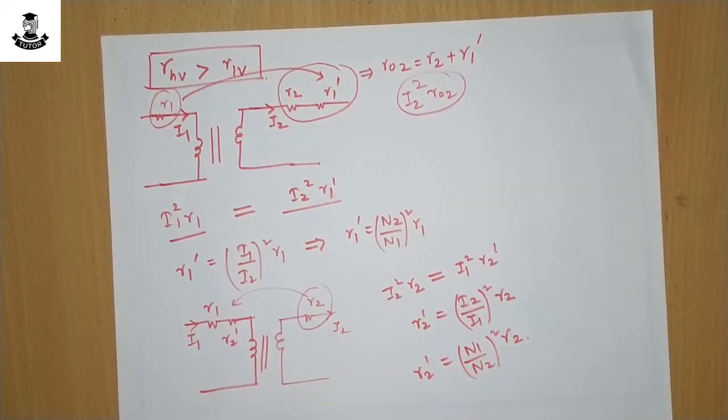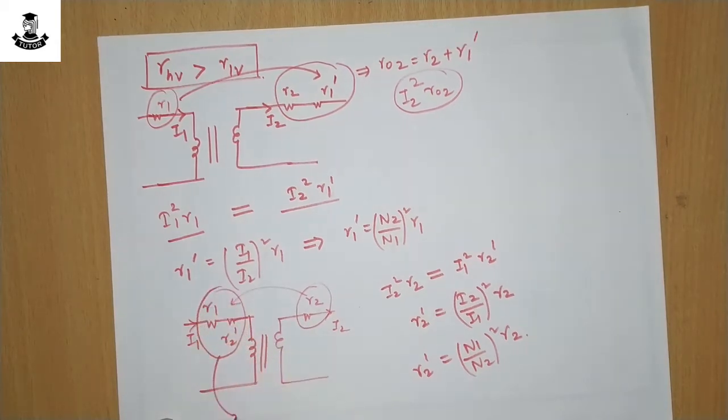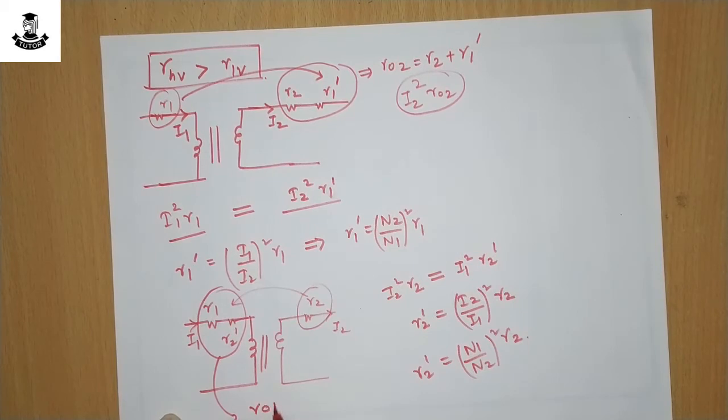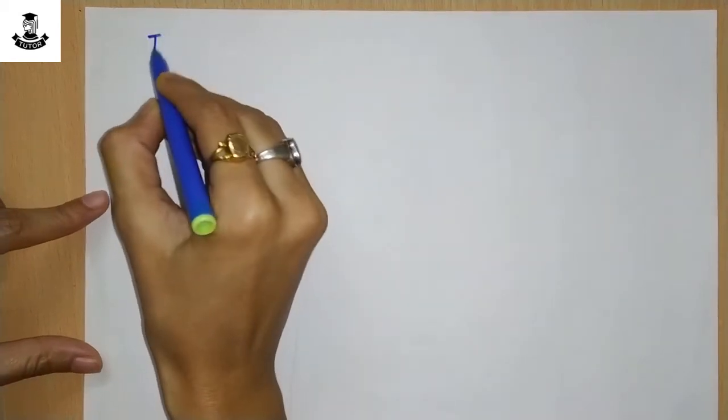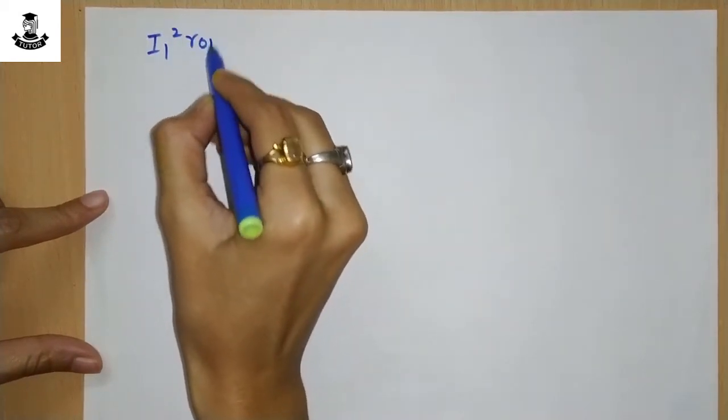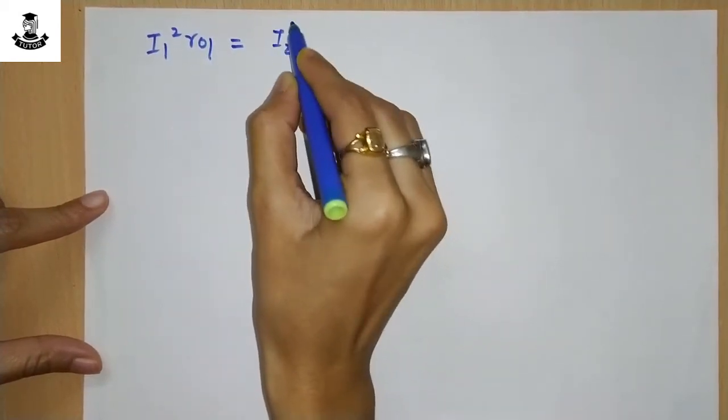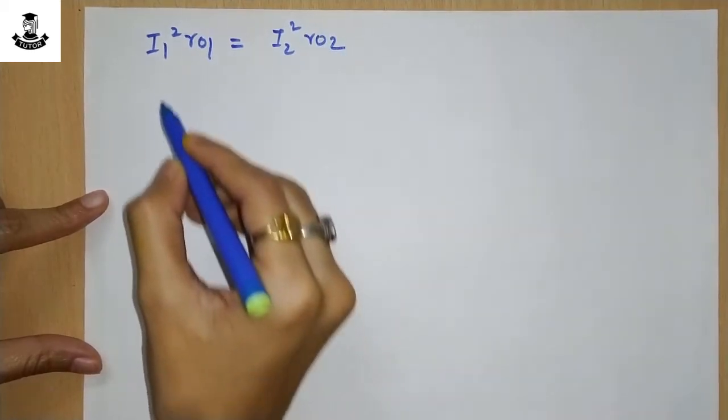Hence, total resistance referred on the primary side, what is this? R01. That is the total resistance referred to the primary. Hence, the total copper loss, what will be there? I1 square R01. Now, as we know the copper loss remains same, so we can write that I1 square R01 is equal to I2 square R02.